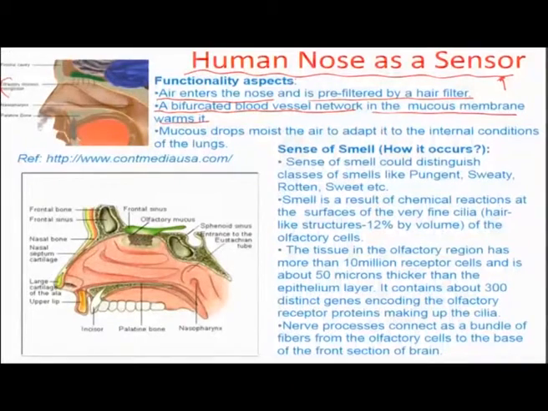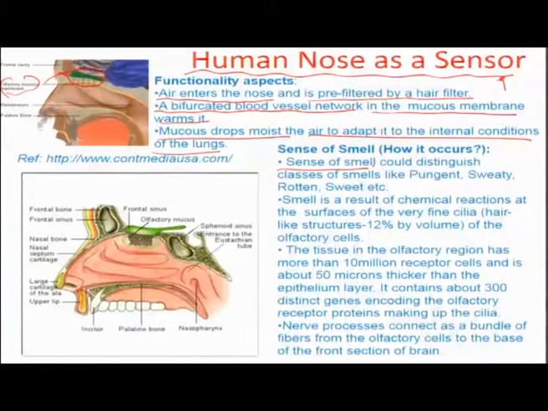This olfactory mucous membrane, as you can see here, is in the nasal passage, and it moistens and conditions the air to adapt to the internal conditions of the lungs. So there is a pre-filtration followed by moistening, and then the air finally enters the nasal tract and the lungs, and you get different senses, the sense of smell, for example.